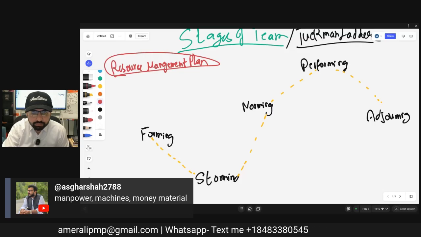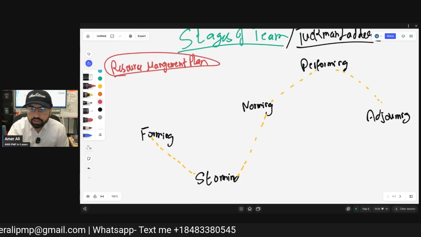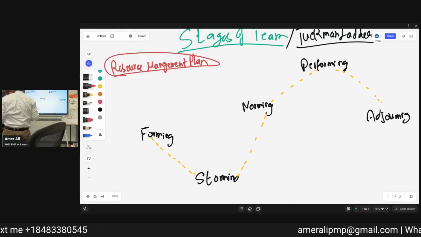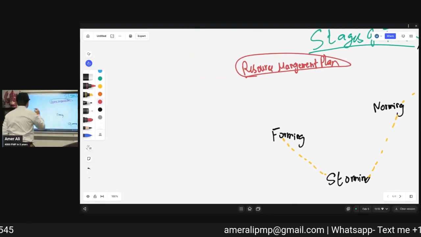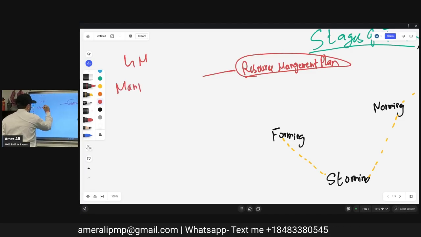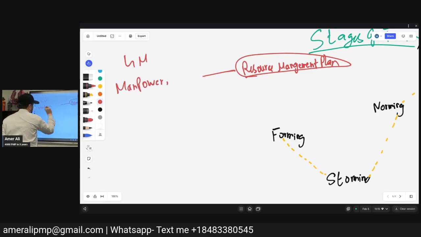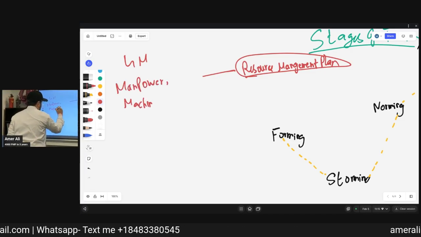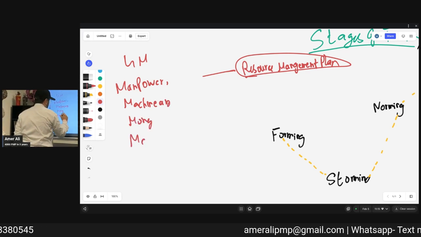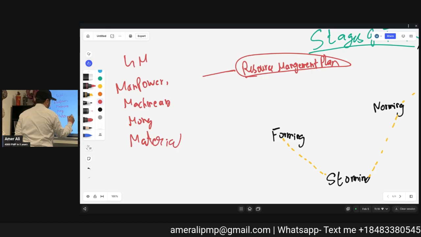Manpower, machinery, money, material. Okay, all these are 4 type of resources. Good. 4M: manpower, machinery, money, and material.